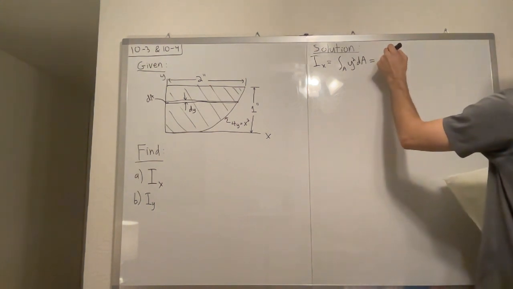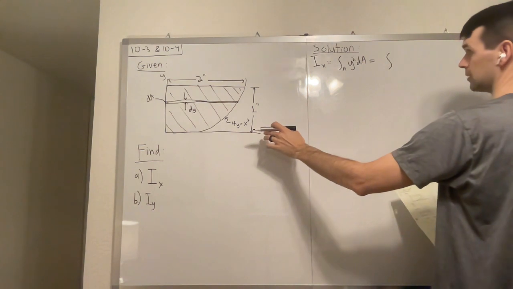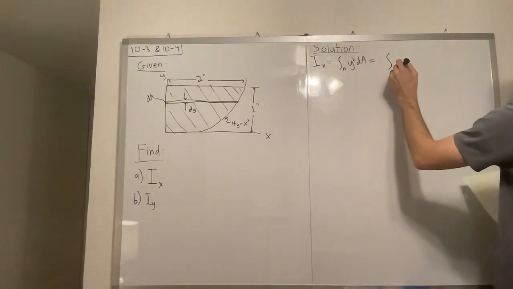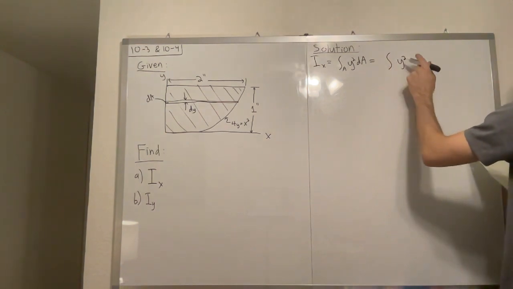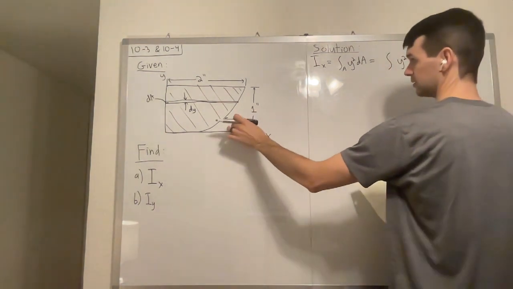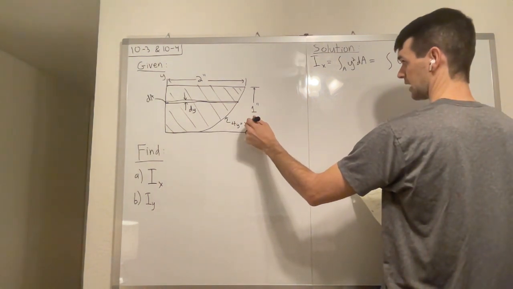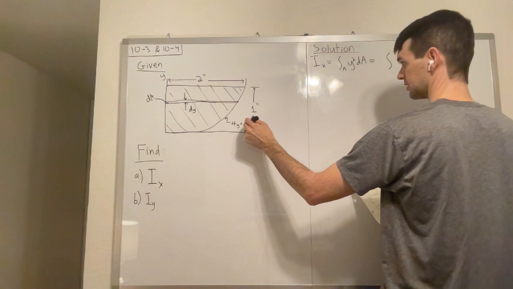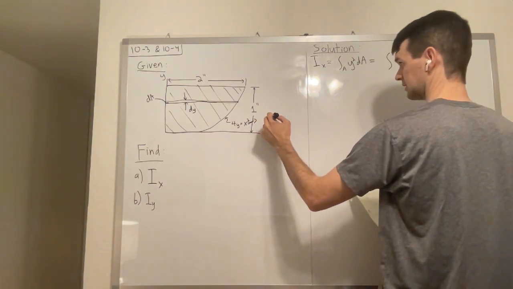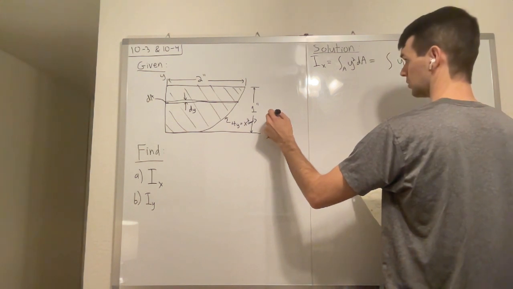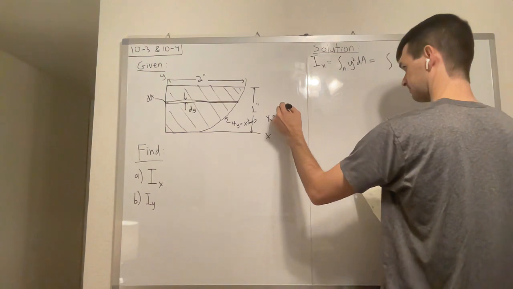We're going to integrate. We get y squared, and then we're going to rewrite dA. We're going to have to rewrite this equation in terms of x. So if we do that, we can rewrite that as x equals the square root of 4y.